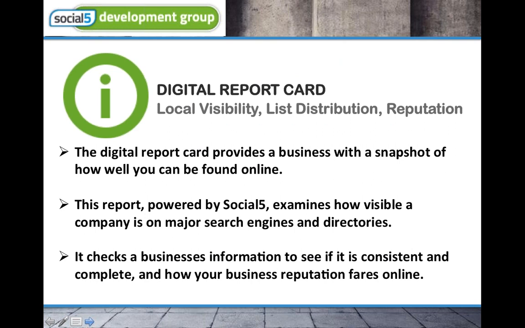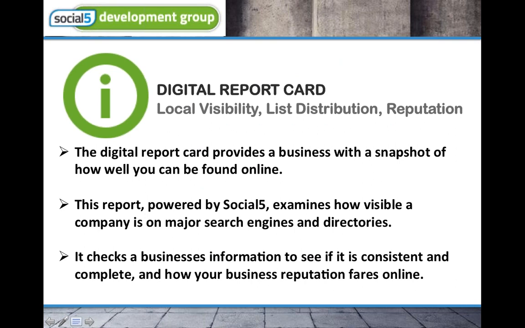So the digital report card provides a business with a snapshot of how well they can be found online. It also, report powered by Socialfy, examines how visible a company is on major search engines and directories. Okay, it's really looking at the directories to making sure that their address is correct, many of those things.